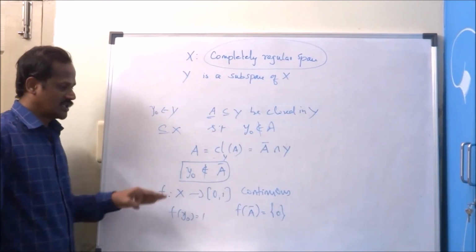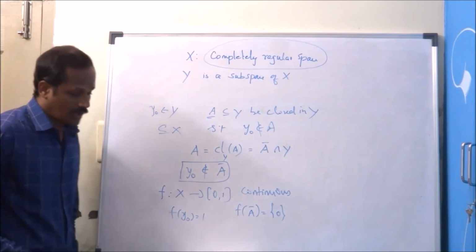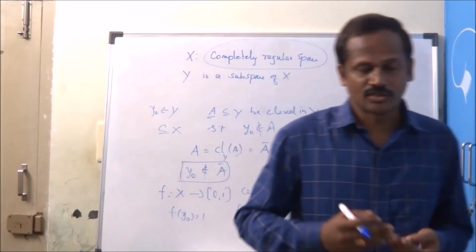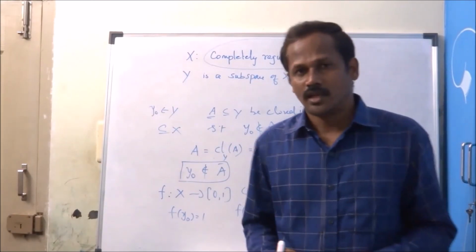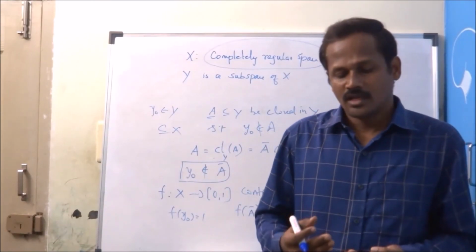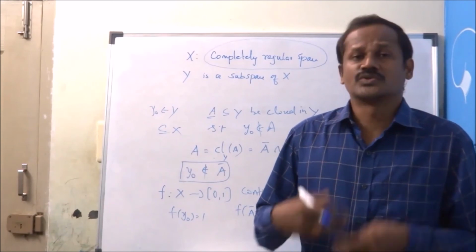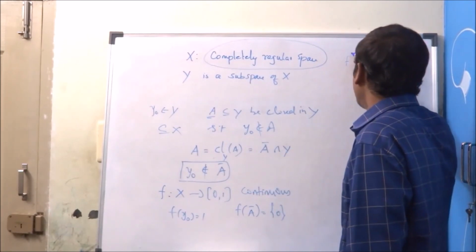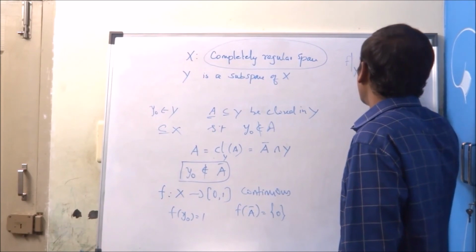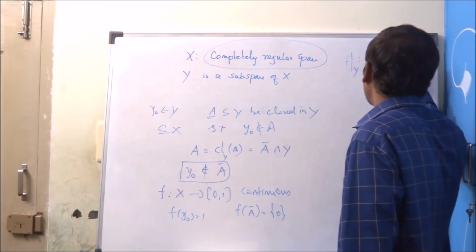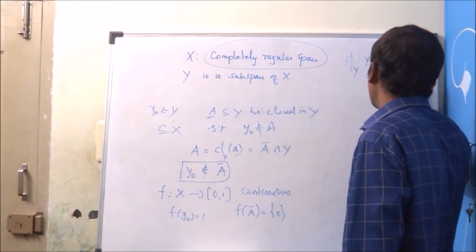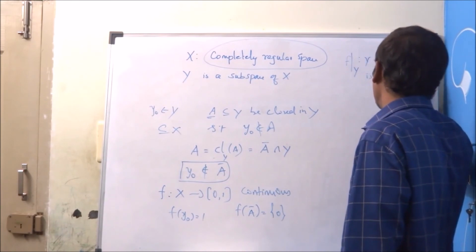So f is basically a continuous map from X to [0, 1]. Now again, you recall that if you have a map f from X to some space Z and Y is a subspace of X, then f restricted to Y is also continuous. Therefore, f restricted to Y, from Y to the same [0, 1], is also continuous. The restriction of a continuous map is continuous.